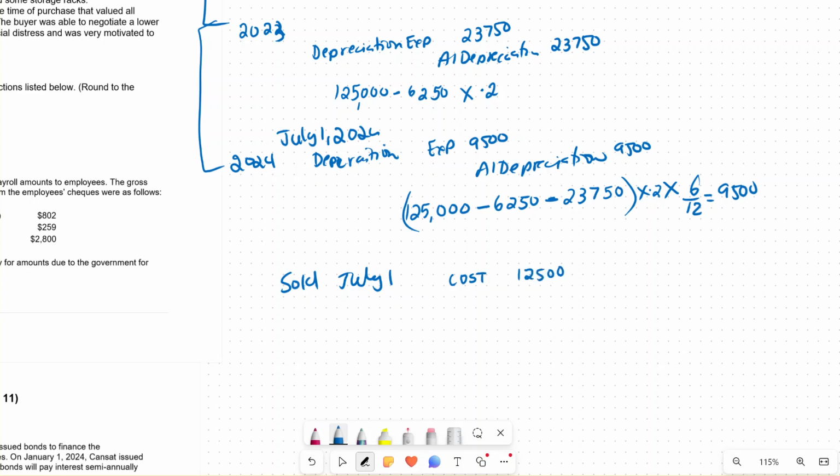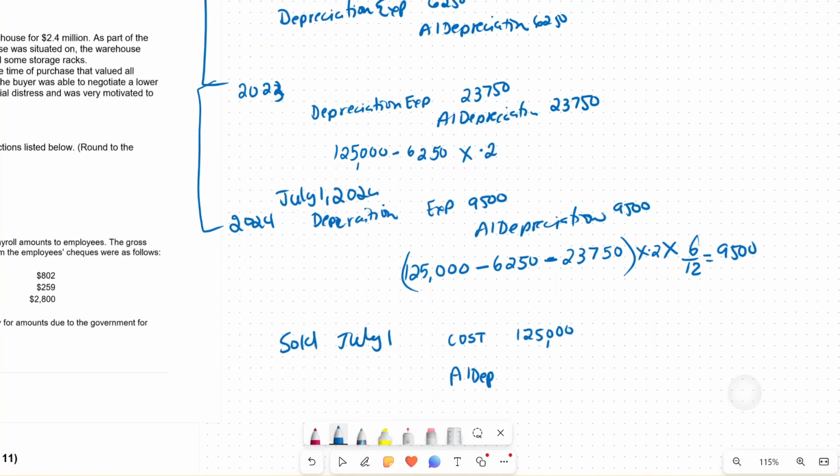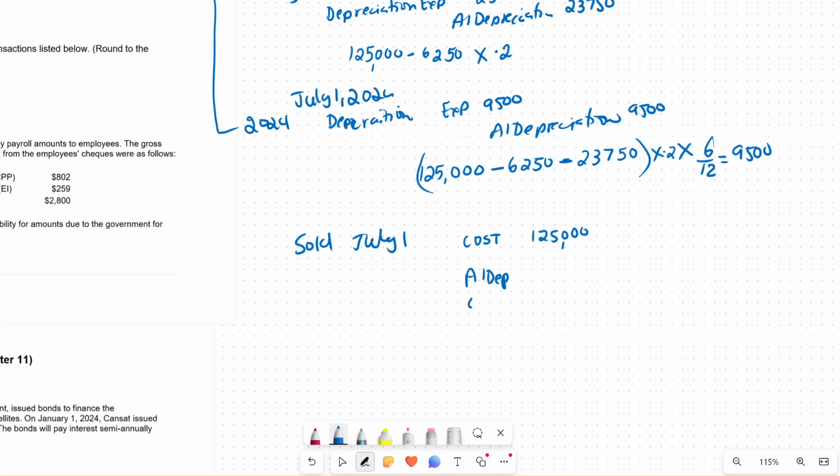So 125,000, we bought it, and we have an accumulated depreciation. How much is my accumulated depreciation? 6250 was for the first 3 months, 23,750 was for 2023, and 9,500 was for my last year.